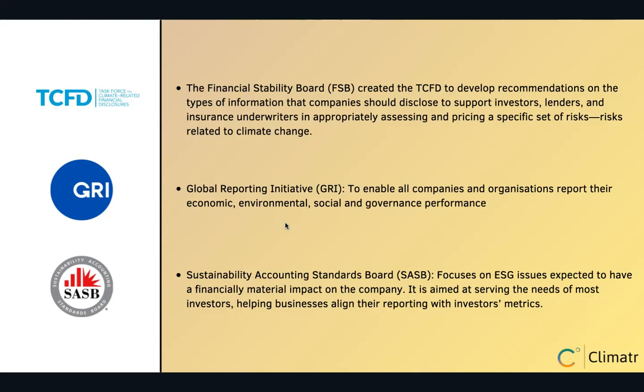And then SASB is industry specific, cutting across, I think, over 77 industries. It's mostly used a lot in the financial sector, but it has wide use across other industries as well. Even more than half of the S&P 500 companies now use SASB. So these are the three most popular ones.